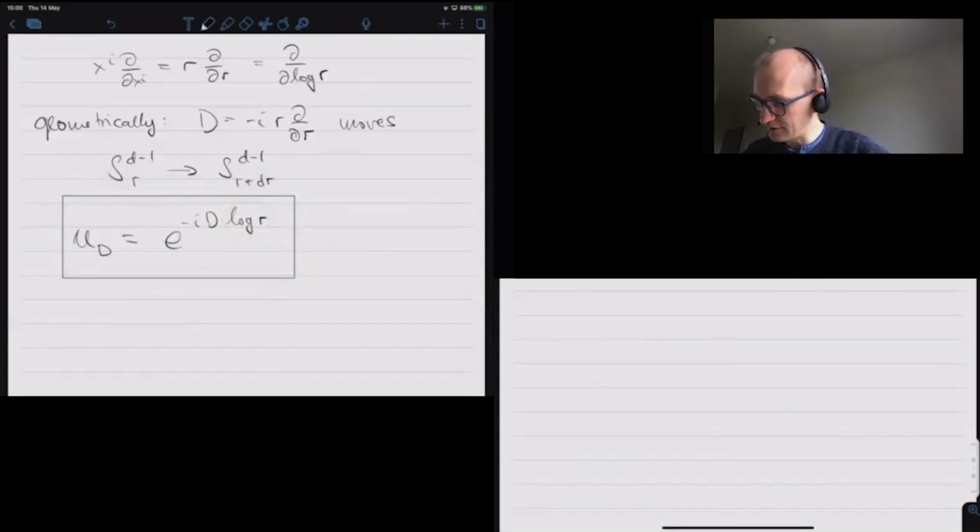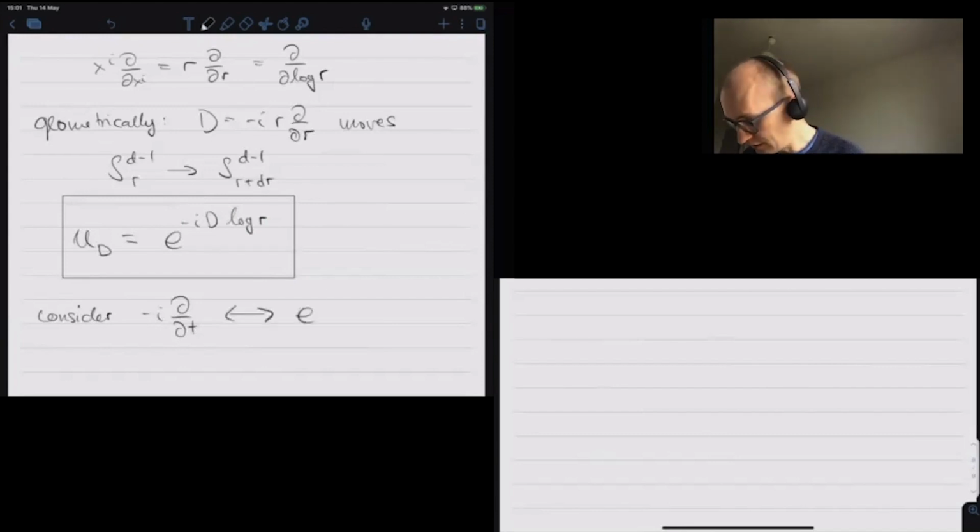And why is that? Well, this I can just quickly say. Consider the following, going back to something that's familiar. Always we say the Hamiltonian is the generator of time evolution. So what we have there is something like I d by dt, right? That's the tangent vector to the time direction, which corresponds to an evolution with e to the H times Euclidean time.